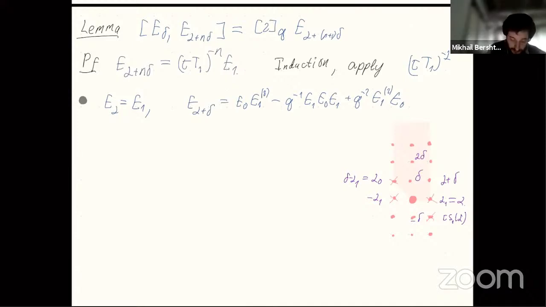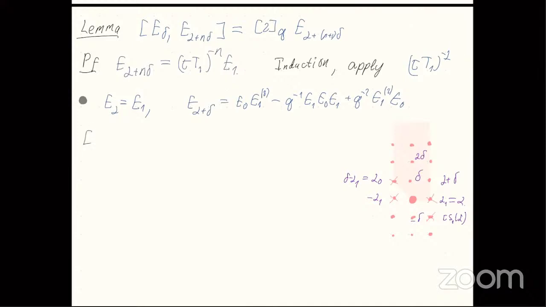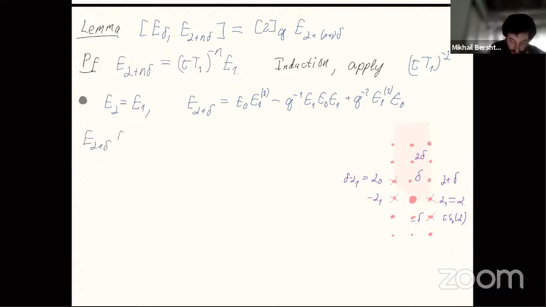What I'm saying is that I'm trying to write E alpha plus delta E1 minus Q with some power which we have to specify now, in the opposite order, in order to get something like Serre. So 0.